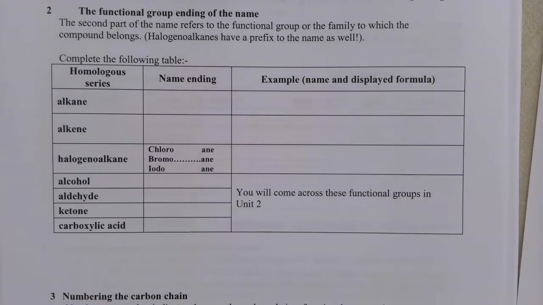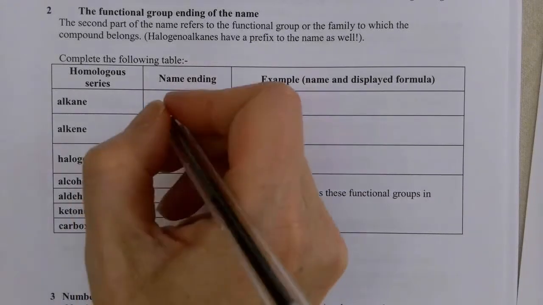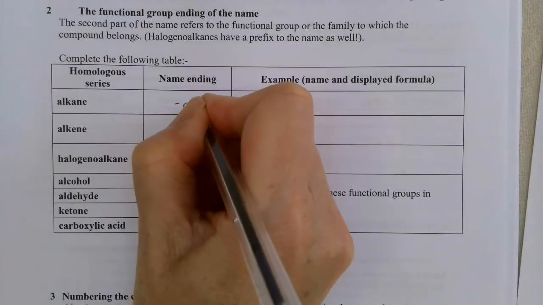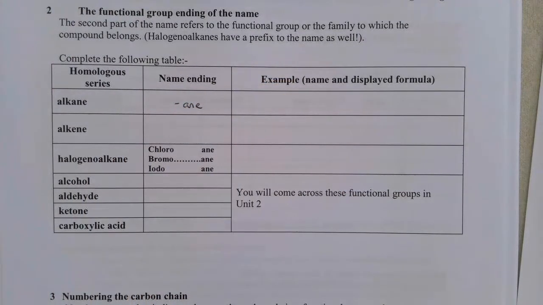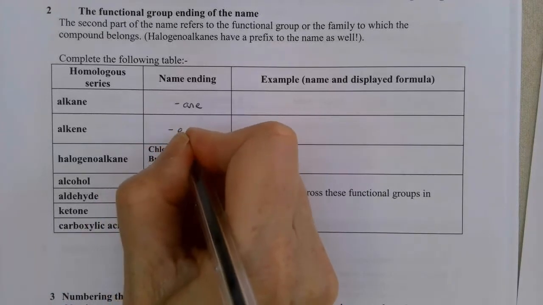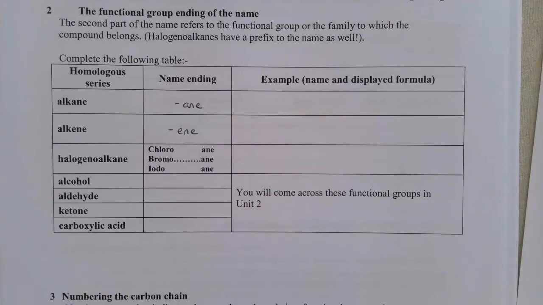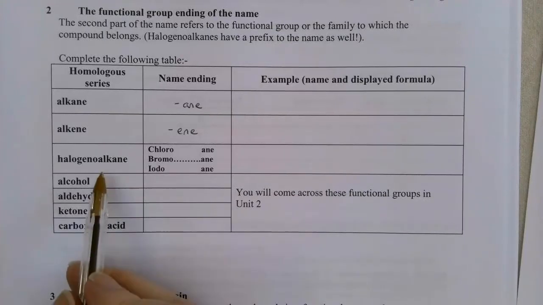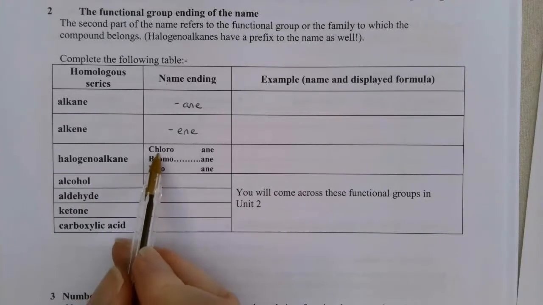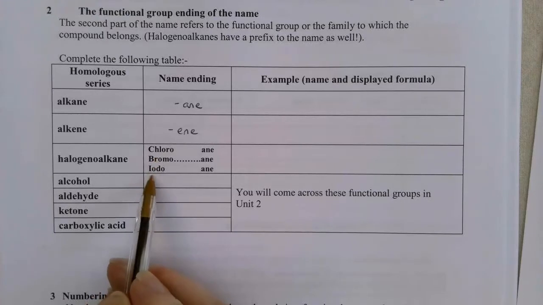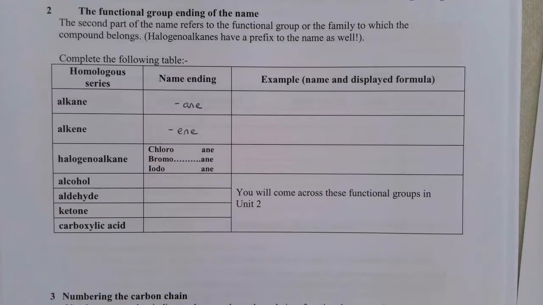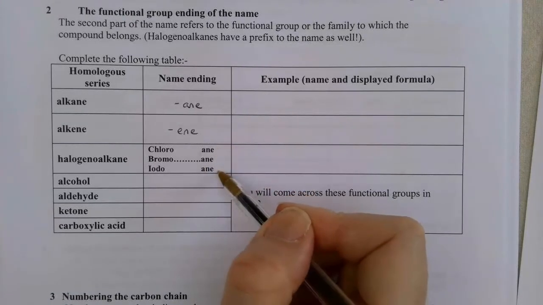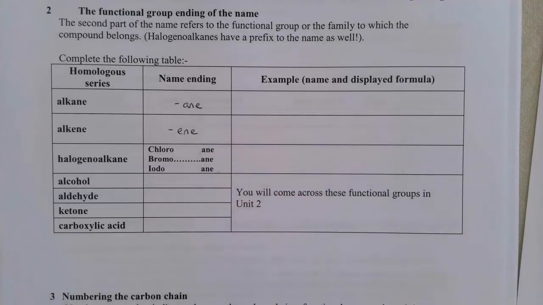So if we take the homologous series of the alkanes, they end in ane. That tells me they belong to the alkanes. The alkenes end in ene. That tells me it's an alkene. The halogenoalkanes start with chloro, bromo, or iodo to recognize which halogen we're talking about, and because they're halogenoalkanes, they still end in ane, A-N-E.